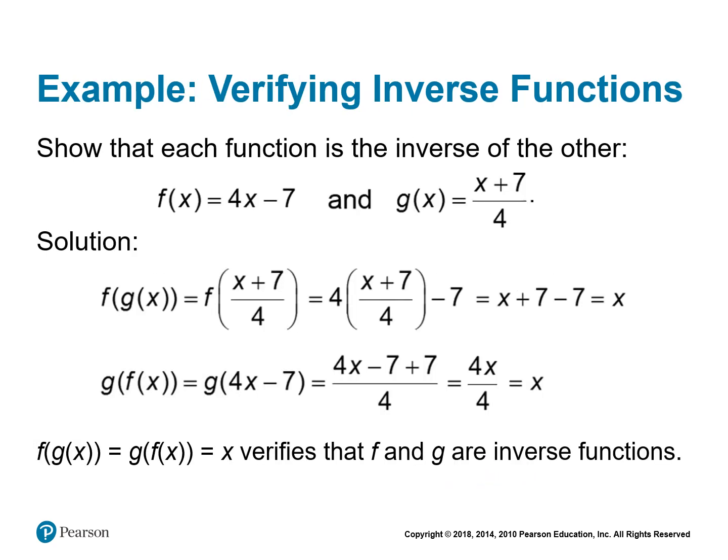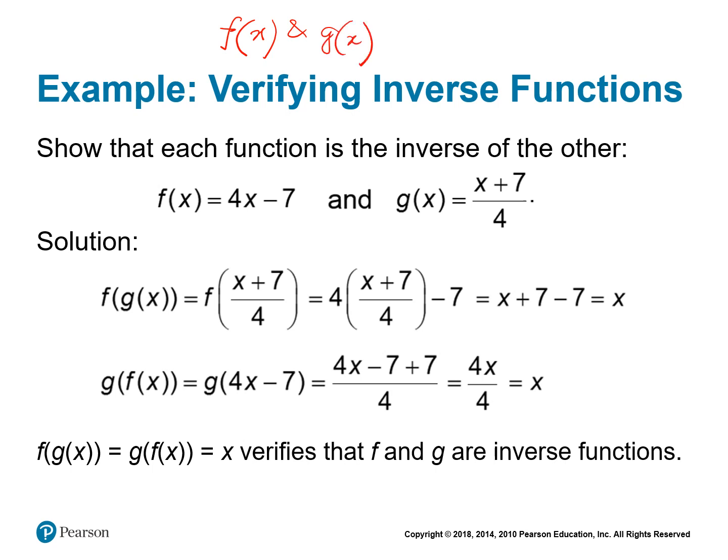Now here is an example verifying the definition of an inverse function based on what we learned in the previous slide. All right, so what we were told in the definition of inverse functions is that if we plug in one function, so there's f of x and g of x, let's say.